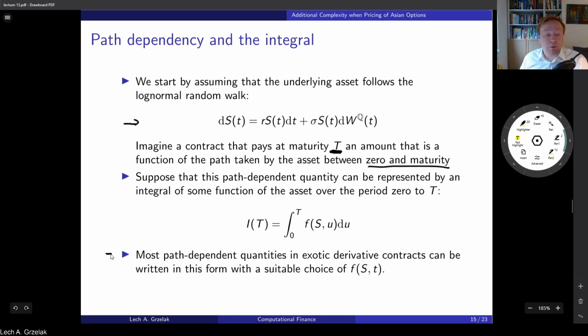Of course, most path-dependent quantities in exotic derivative contracts can be written in this form. Again, we have some generic representation of path dependence. And you see we have an integral over the whole history of a stock, so you basically need the whole path history in order to calculate I(t).